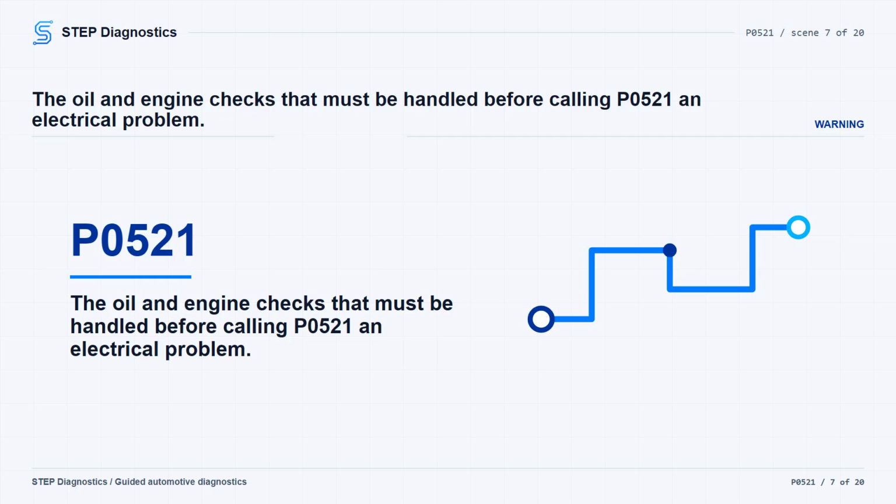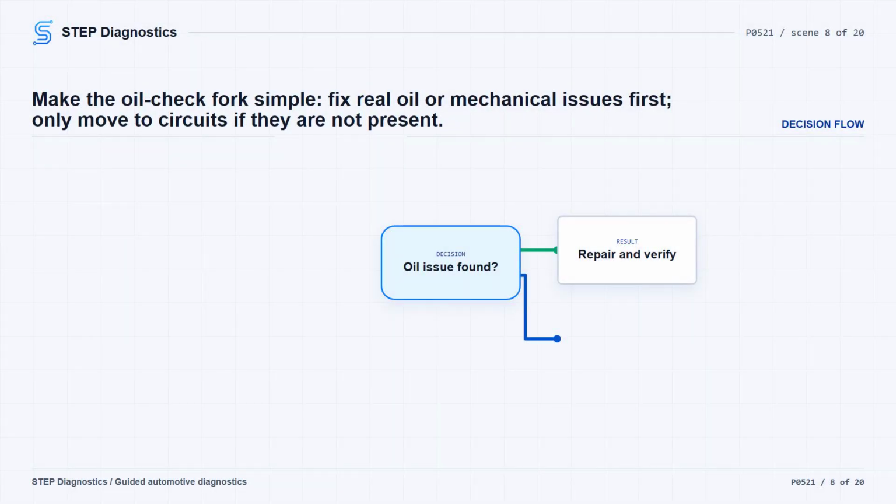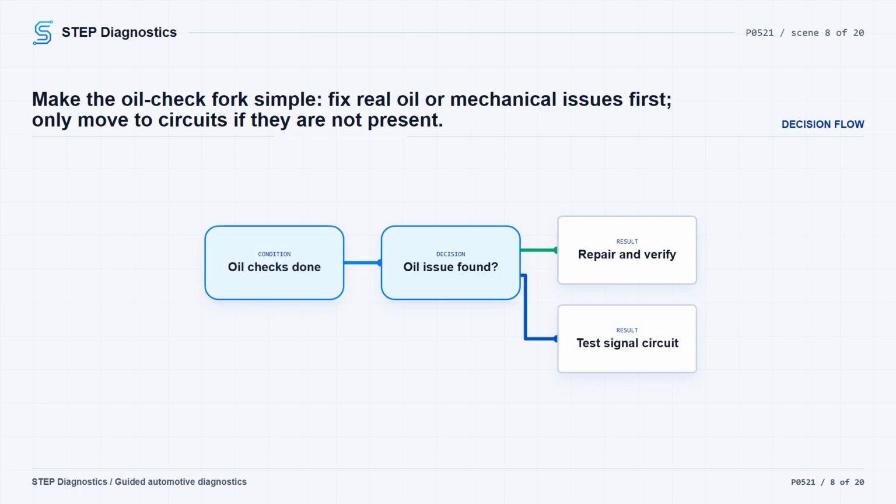Before calling this an electrical fault, consider low engine oil pressure below specification, engine mechanical tolerances out of specification, deteriorated or dirty oil, and oil contaminated by coolant or fuel. If any of those conditions are found, repair what is necessary and verify the repair. If none of those conditions are present, move into the sensor circuit checks.